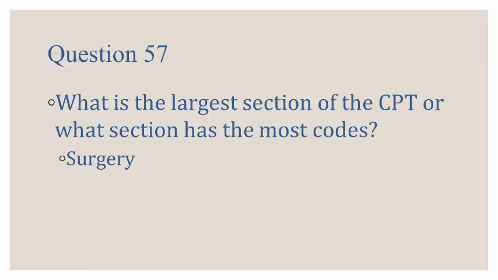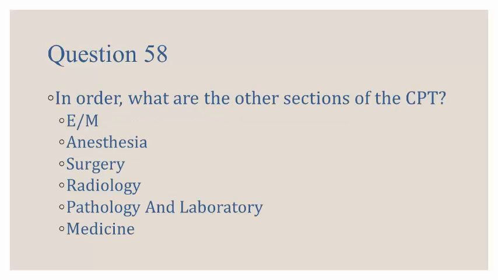What is the largest section of the CPT, or what section has the most codes? That would be the surgery section. In order, what are the other sections of the CPT? First, you have the E&M codes, then anesthesia, then surgery, then radiology, then your pathology and lab, and then medicine.